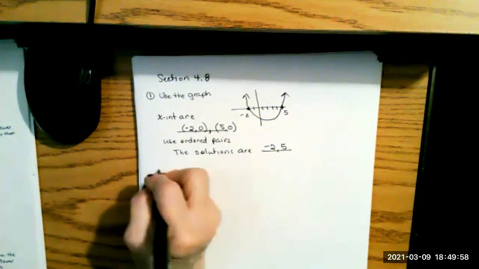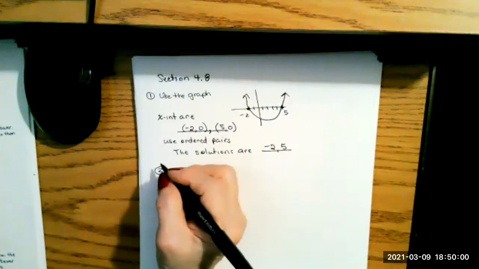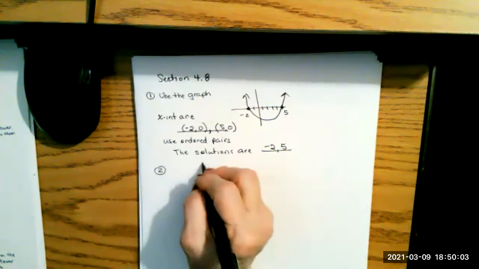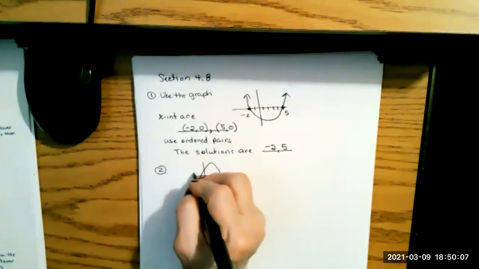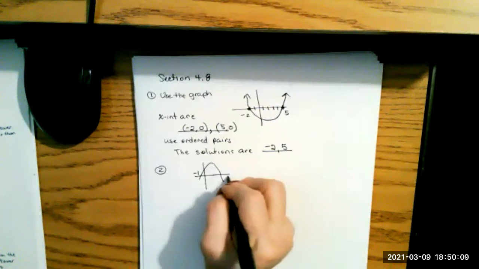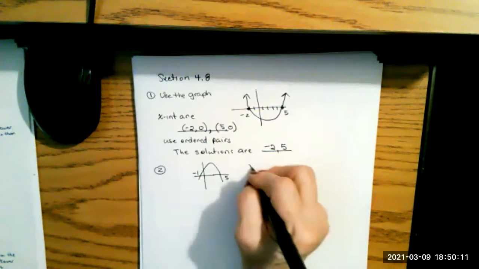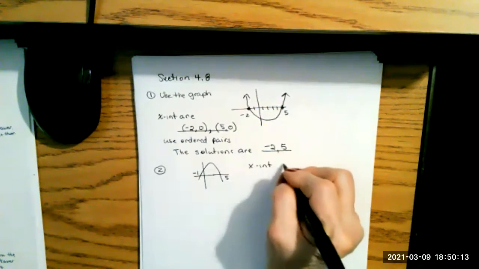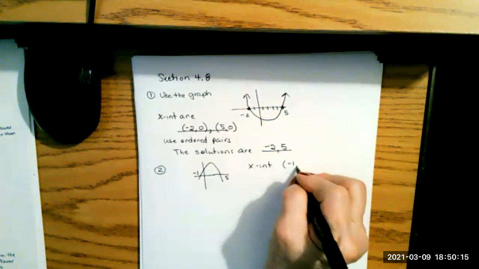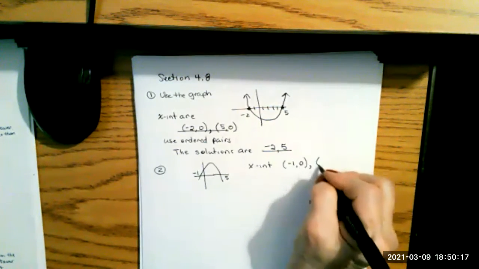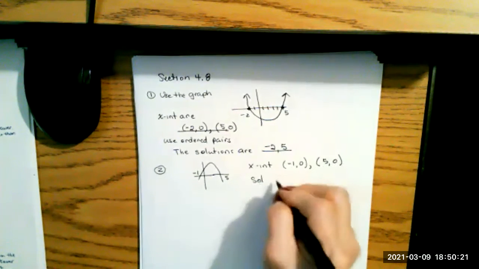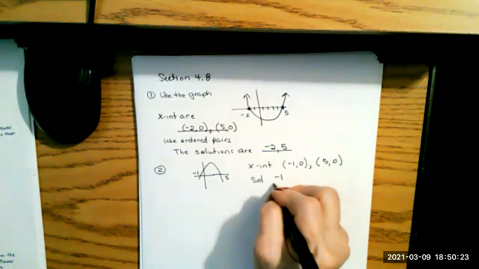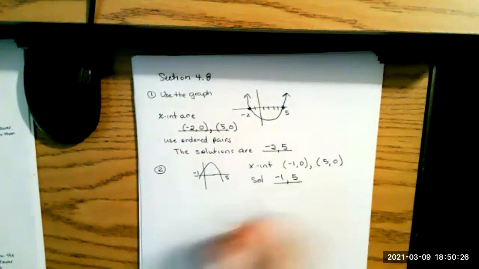Then they give you an upside down one, which crosses at -1 and 5, and it does the same thing. The x-intercepts would be -1, 0, comma, 5, 0. The solution would be -1, comma, 5.